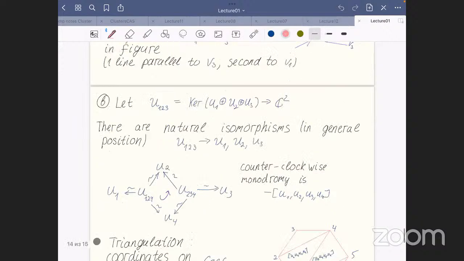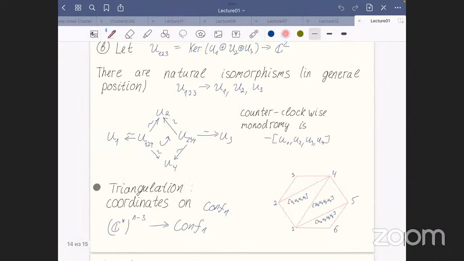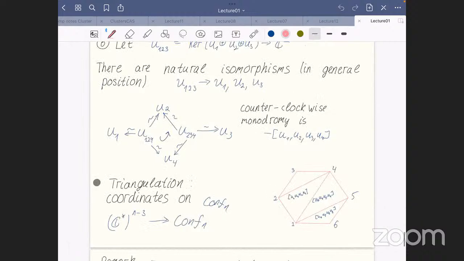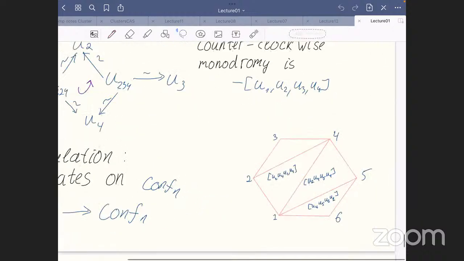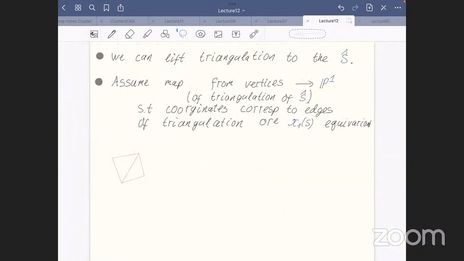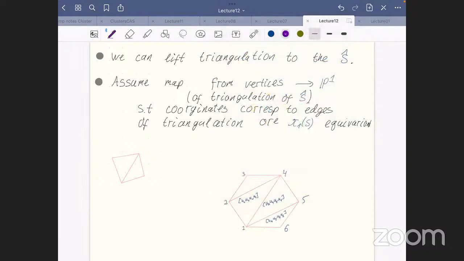Okay, in order to avoid some further confusions, let me copy this convention which I had in the first lecture and adapt it here. So what does it mean? That if for foregone, like here, in the example we have diagonal from 2 to 4.